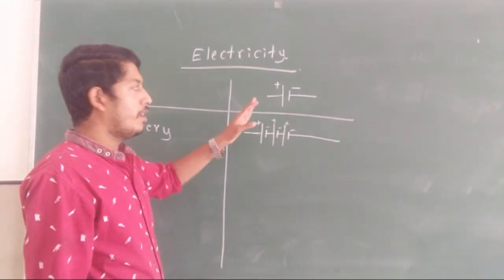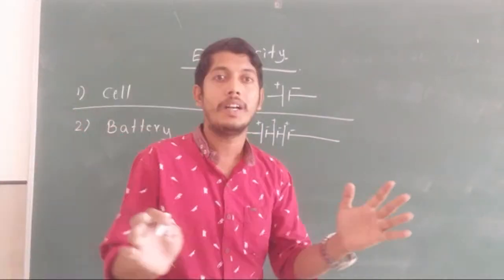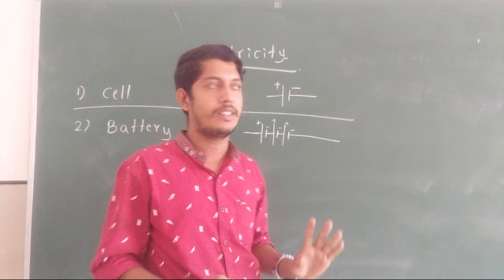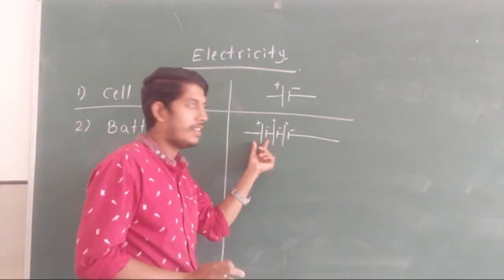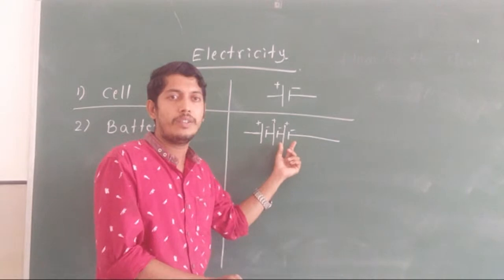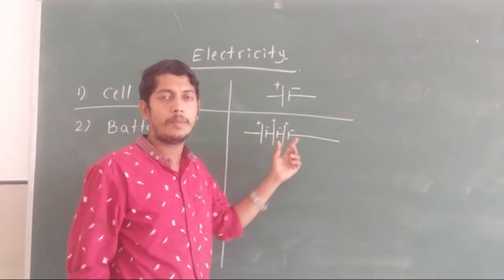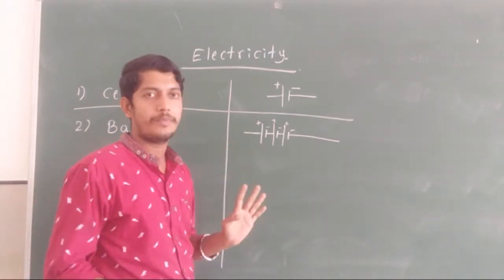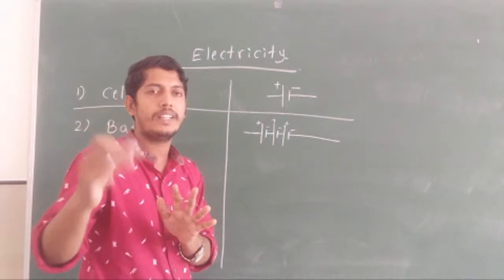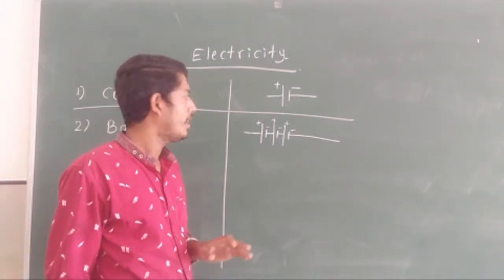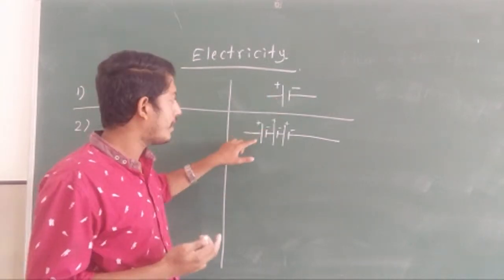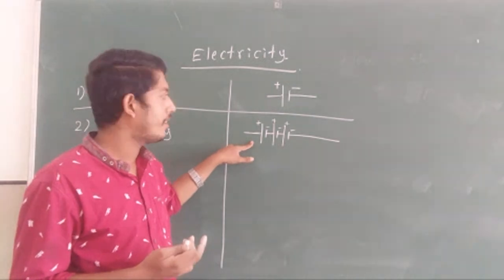So a cell is a single unit and a battery is multiple units, a combination of cells. Here there is one cell, two cells, three cells. Three cells connected form a battery. Sometimes we can use five cells or ten or plenty of cells to form a battery, which gives higher capacity. So this is the symbol to represent a cell and this is the symbol to represent a battery.